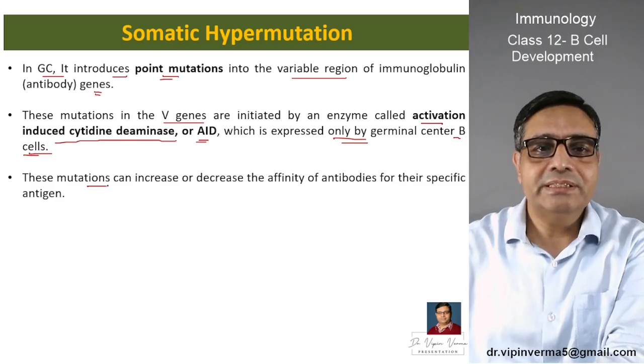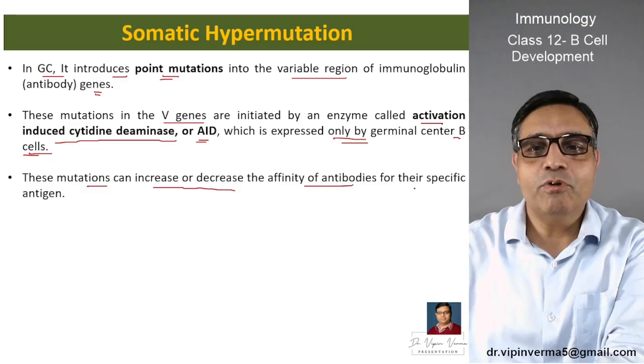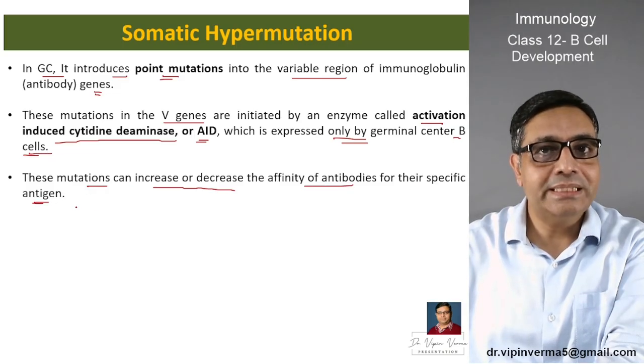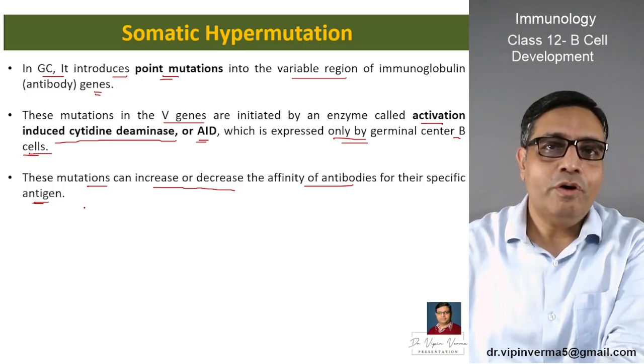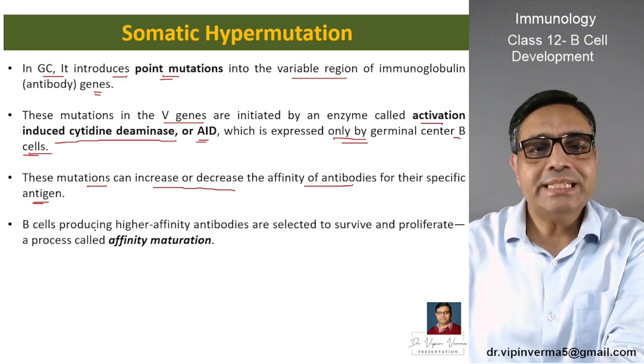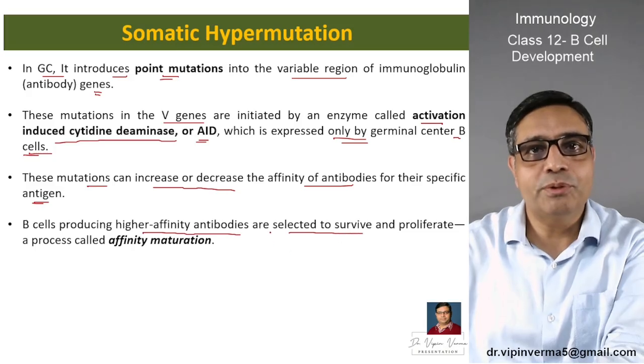These mutations can increase or decrease the affinity of antibodies for the specific antigen. So basically, they optimize the affinity of the BCR towards the antigen. B cells producing higher affinity antibodies are selected to survive because they capture more antigens and proliferate.